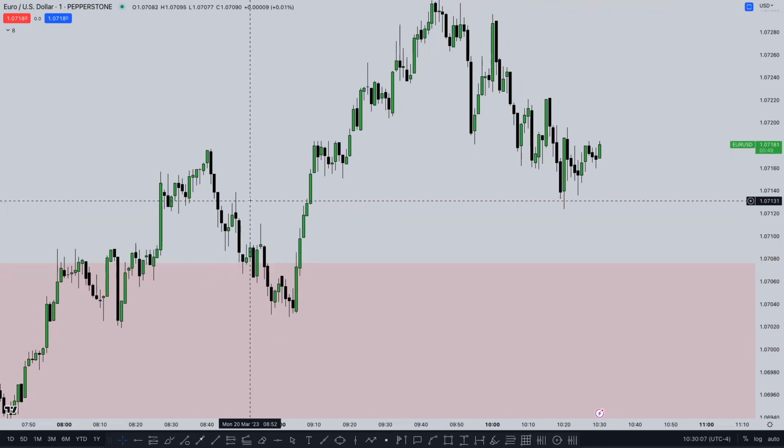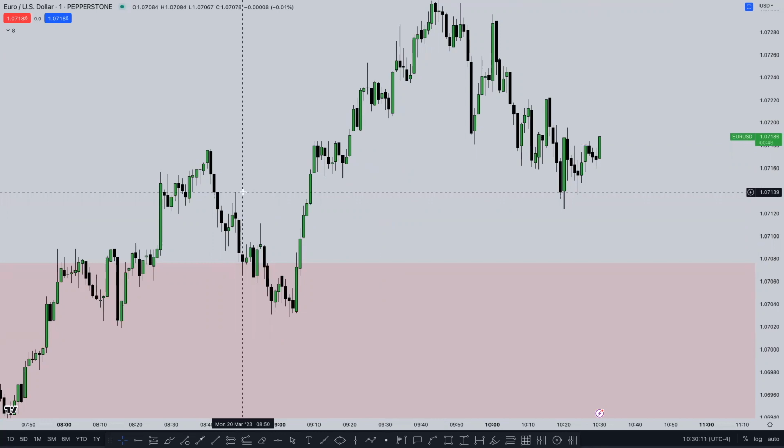So once you find that manipulation, then you know, okay, I'm not going to anchor my consolidation here. I'm going to anchor my consolidation somewhere else. You're always going to anchor your consolidation high and low at points of consolidation, not at points of manipulation.